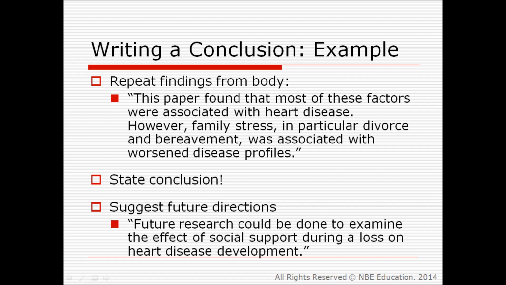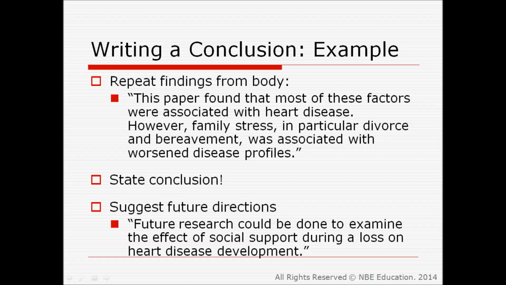Finally, suggest future directions. Future research could be done to examine the effect of social support during a loss on heart disease development. Future directions means if you have found something through your research, if you have found something through the evidence that you've managed to come up with that suggests that your question might have been a little bit off mark, or that another question might yield some very interesting findings, then you put that in your future directions.